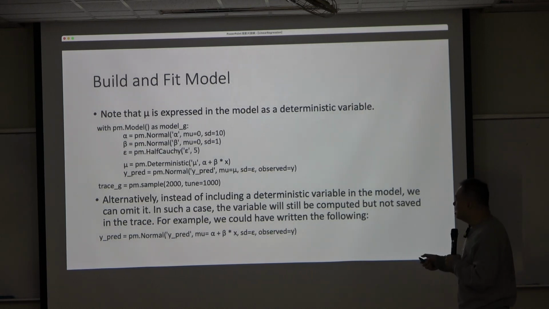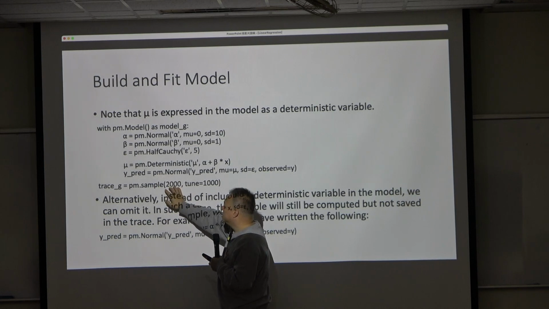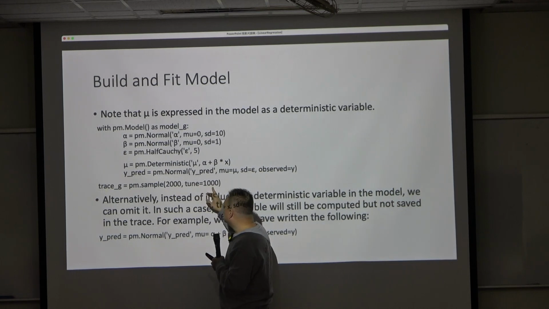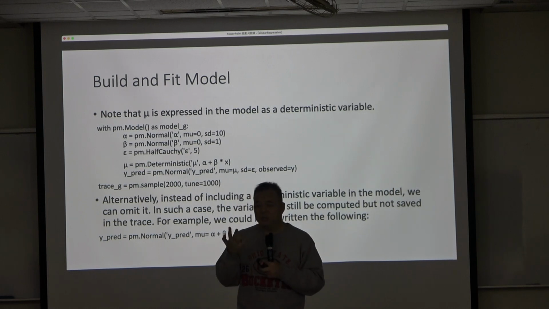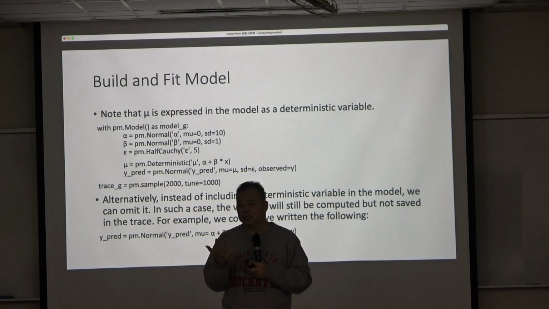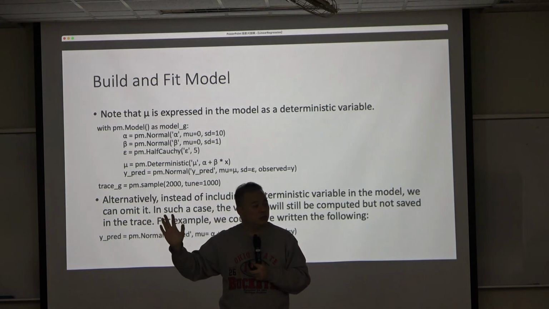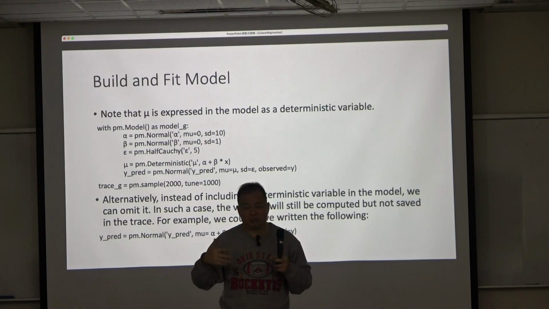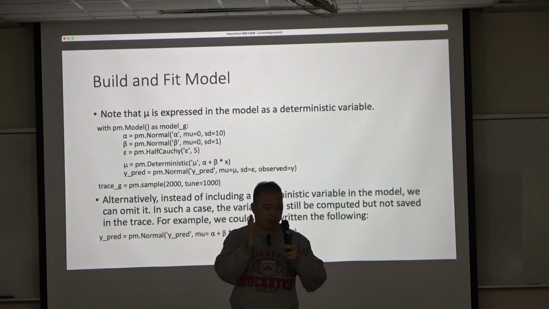We generate 2,000 samples for each chain, and here tune equals 1,000. What does that mean? Remember, by default we use the first 500 to initialize the chain. This just means we use the first 1,000 to initialize certain parameters in the generation, so that it can generate the result better.